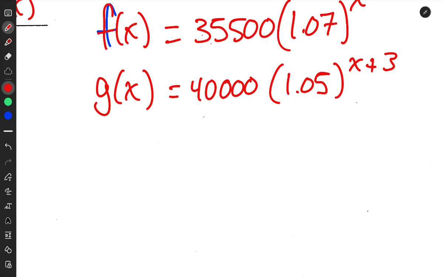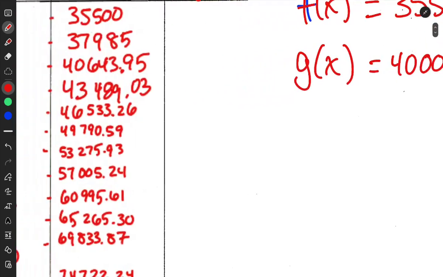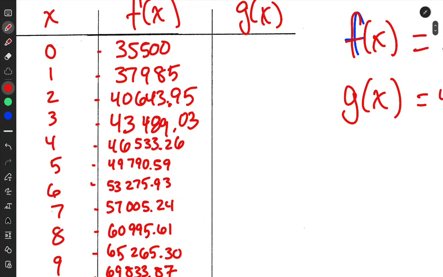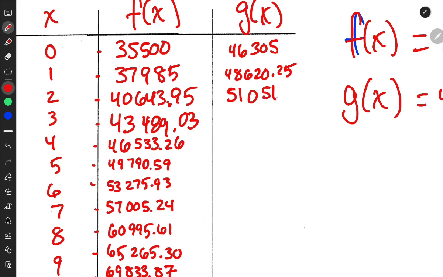The problem is your cousin gets 1, 2, 3 years before you even show up. So at year 3, which is your year 0, your cousin's making $46,305 and no change. Next year, it's at $48,620.25, and then it goes to $51,051.26.